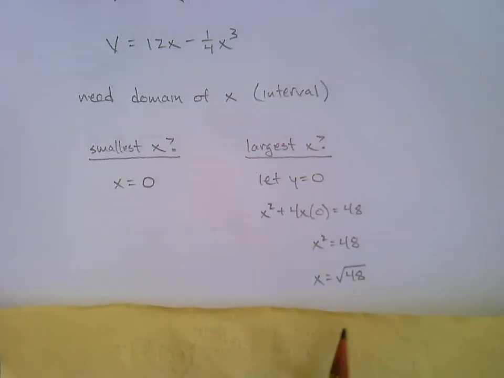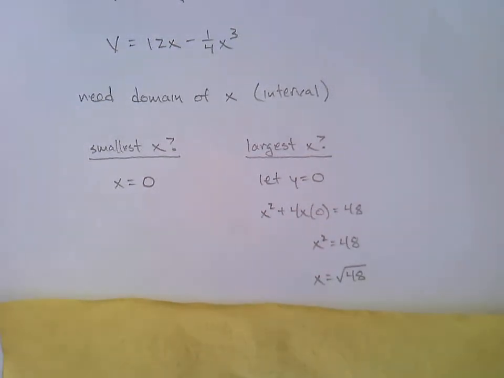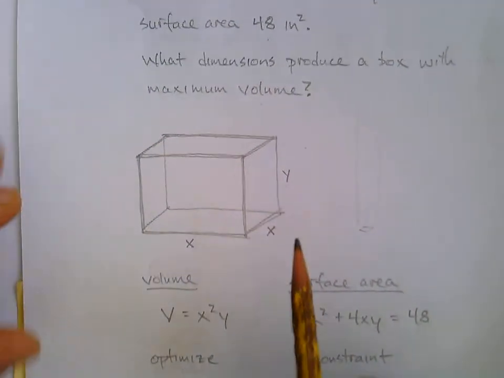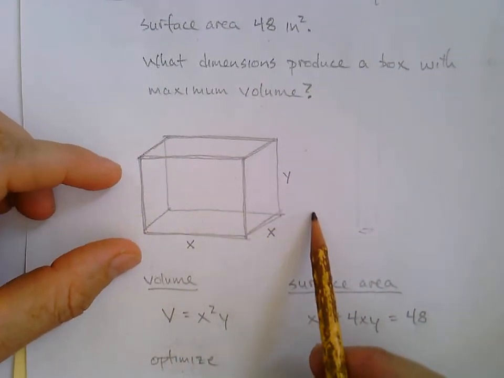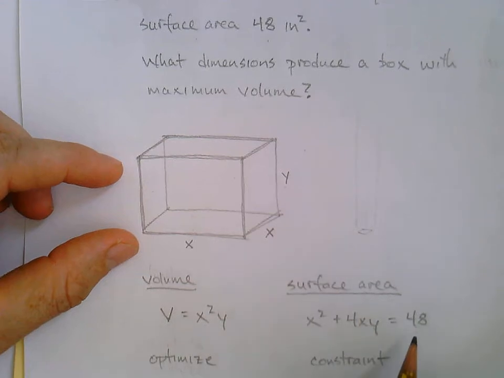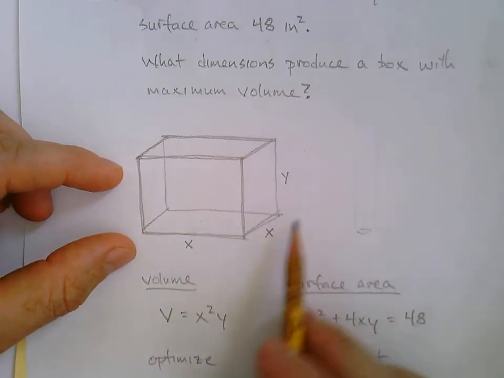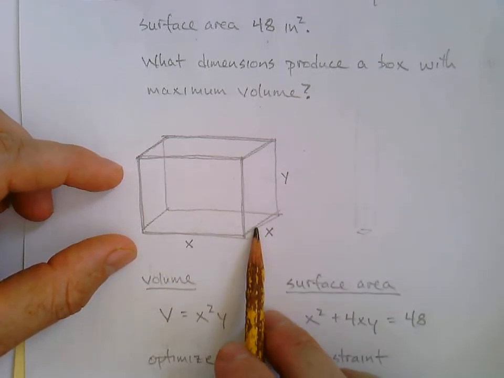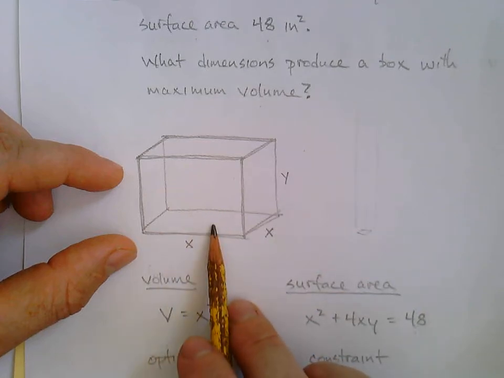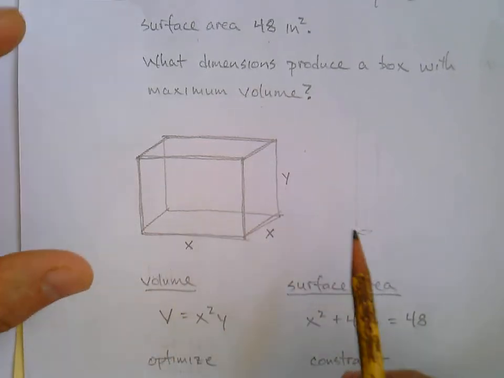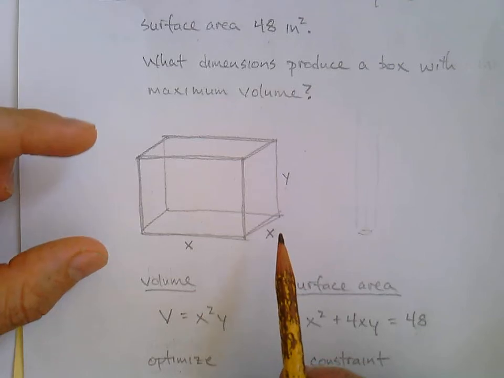Now, this one does make sense, and this could happen. It's not a theoretical thing. If we make that square big enough, we're going to take up all the surface area just with the base. So if x is root 48, then the area of our base is 48 square inches, and we've got a square with no height to it.